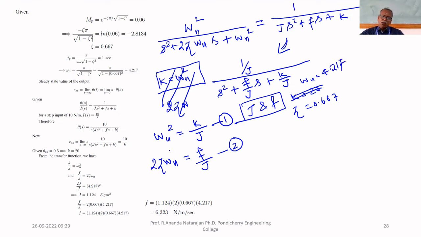So omega n we know, zeta we know, so we can find k, J, f.